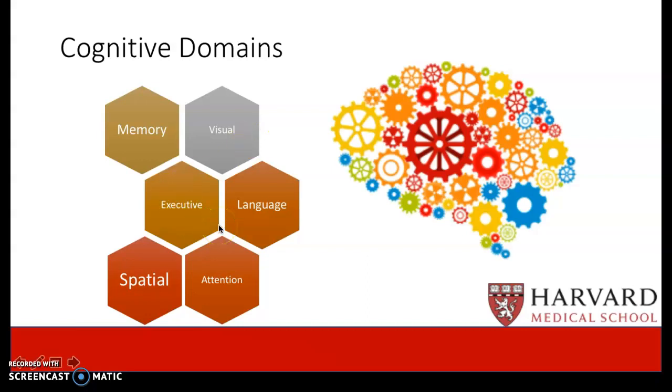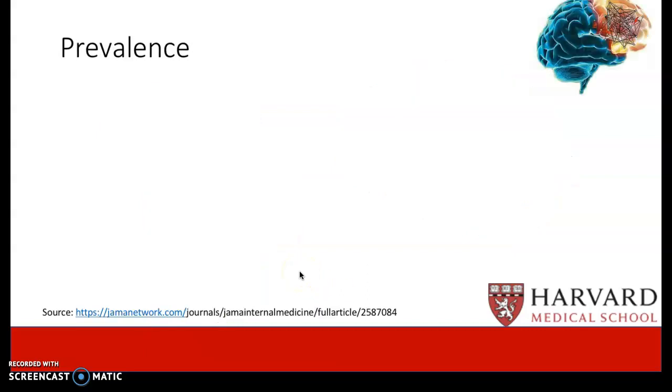And oftentimes when the spatial cognitive domain is altered, you really don't know where things are. So you could be in a familiar neighborhood but not really remember where your house is, or you can place different items in a room and not remember where they're placed because your spatial reasoning is off. And lastly, attention. This just means your ability to focus on a task and get something done. Often this is one of the ones to go quickly because your attention span is often shortened in dementia.